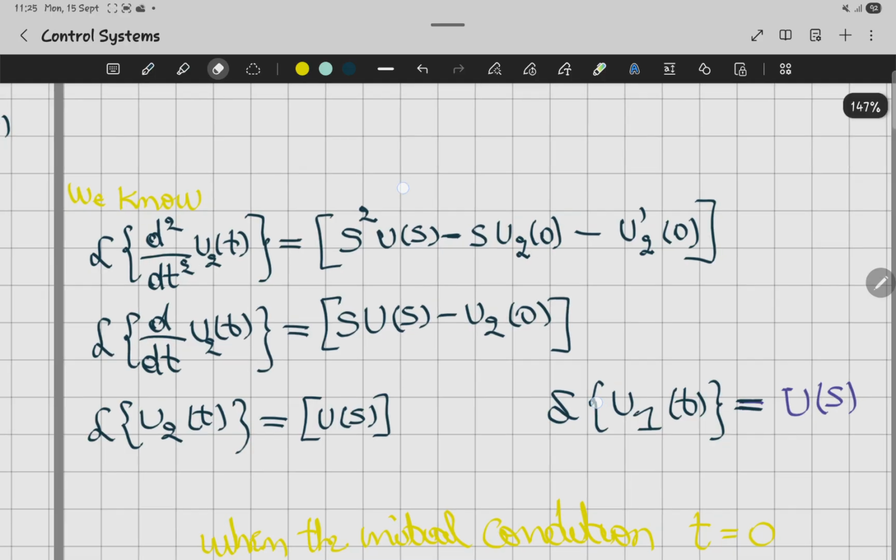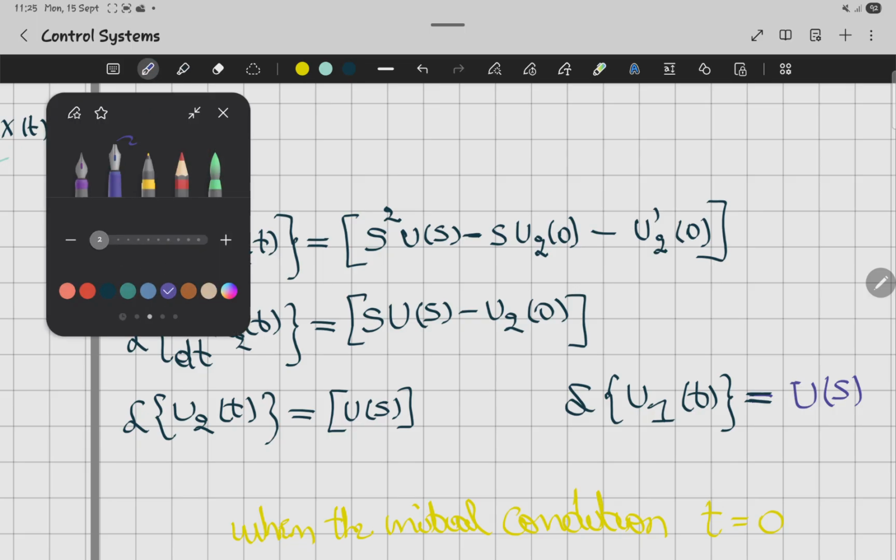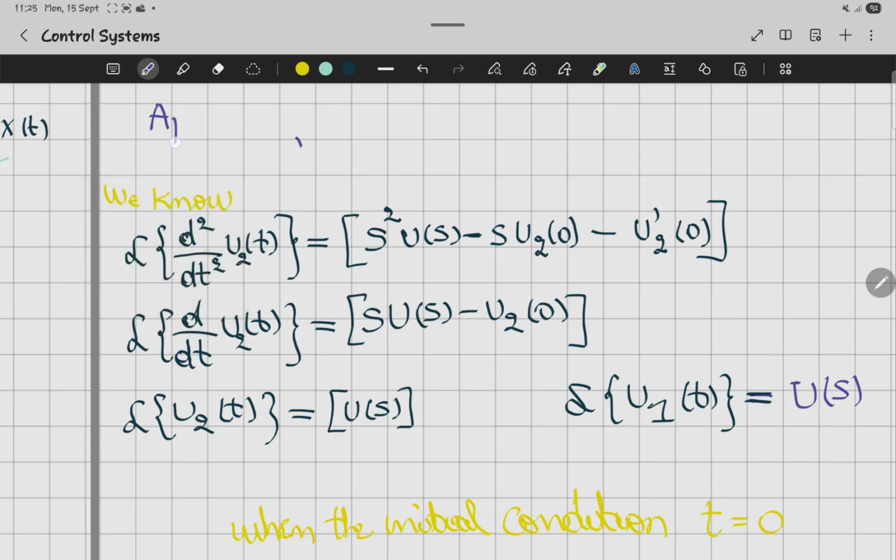This is when you convert your equation into S domain. So this is when you apply Laplace transform. So when you apply Laplace transform, this is what you get.